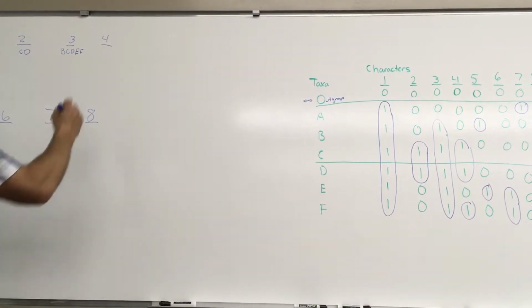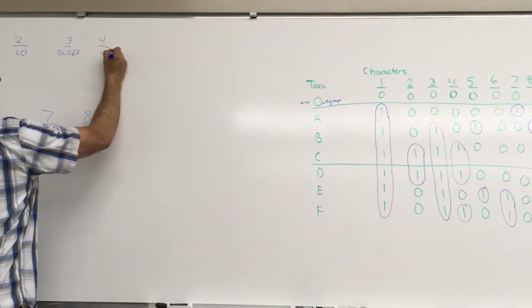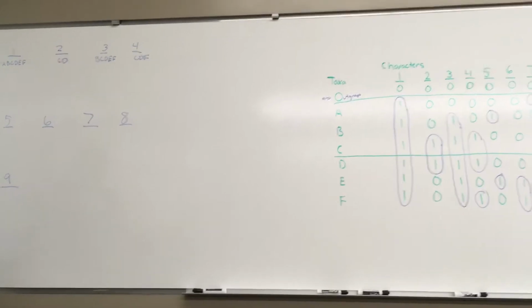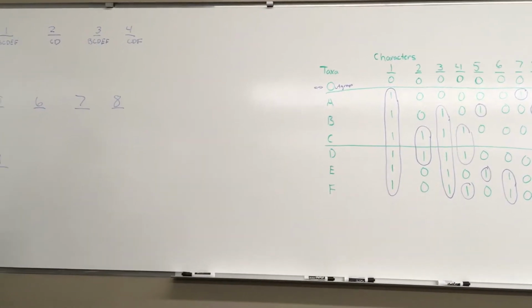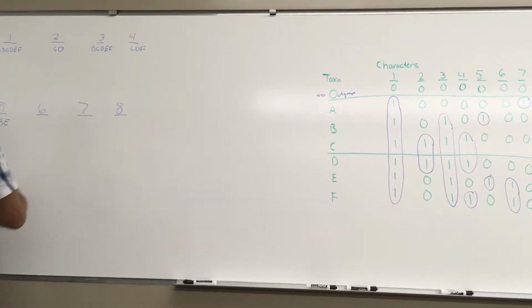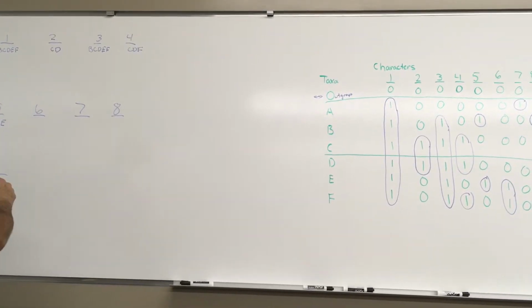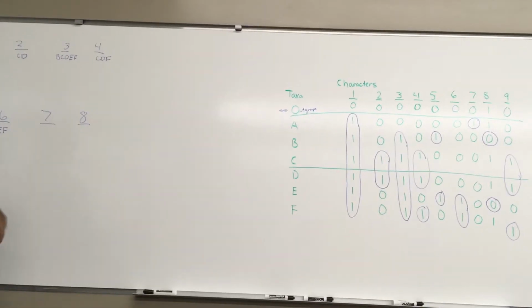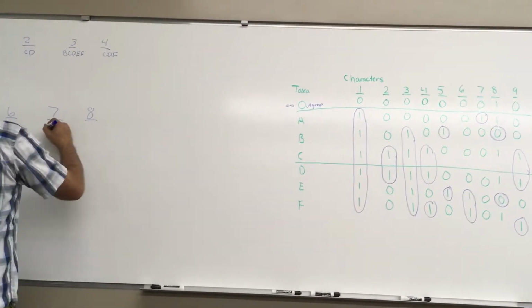C, D, F. All right, 5? B and E. 6? E and F. 7? Only A.